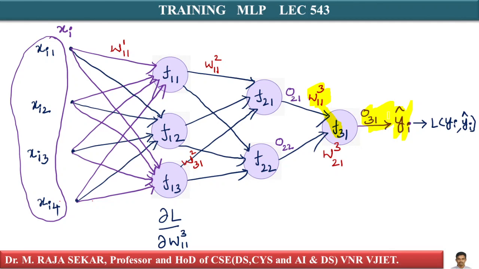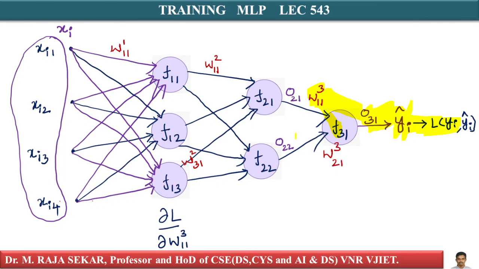This O31 goes into the loss function. So, if you follow the flow, your W311 impacts your O31, isn't it? This W311 impacts O31. Your O31 impacts your loss L, isn't it?